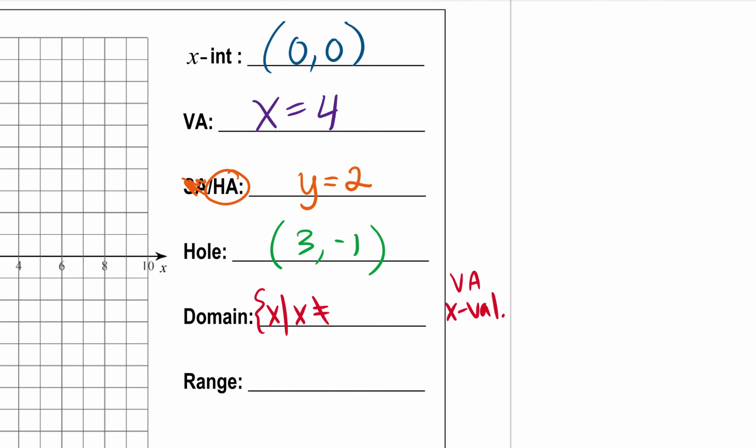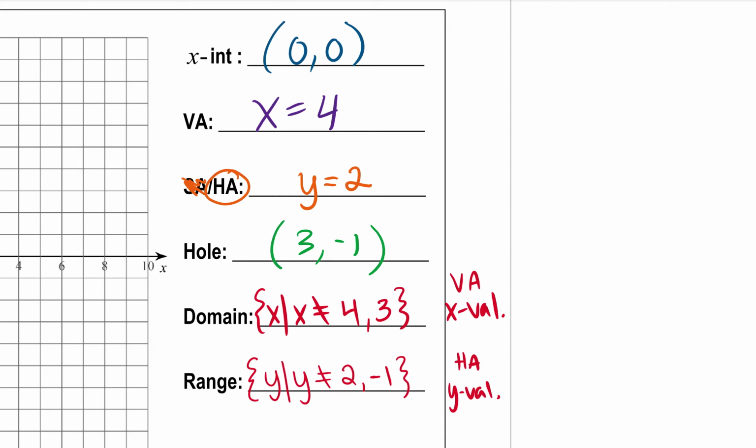So it does not equal my vertical asymptote, which is 4, and then the hole, the x value is 3. Okay, that's my domain. My range, very similar. y such that y does not equal. This one is going to be HA and then y value. So HA is 2, y value is negative 1.